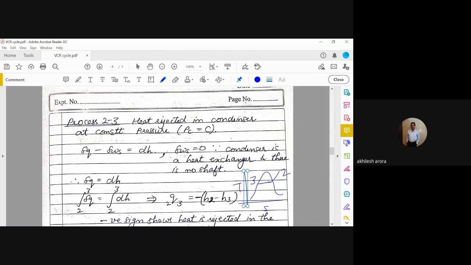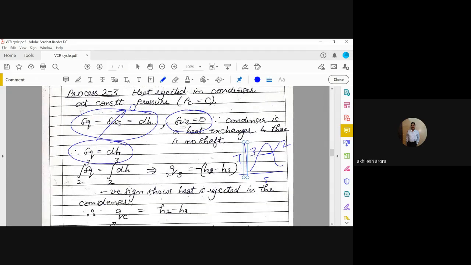Once again, it's a heat exchanger, so I can use the steady flow energy equation given by delta Q minus delta Ws is equal to dH. Once again, there is no shaft in the condenser, so delta Ws is 0. So this quantity goes, and I am left with delta Q is equal to dH.